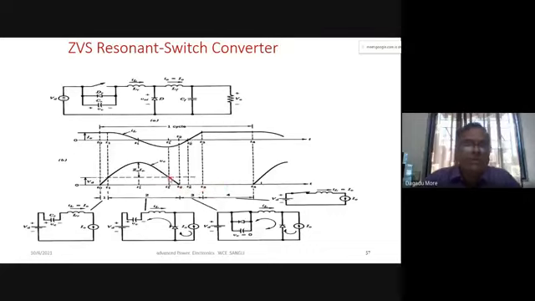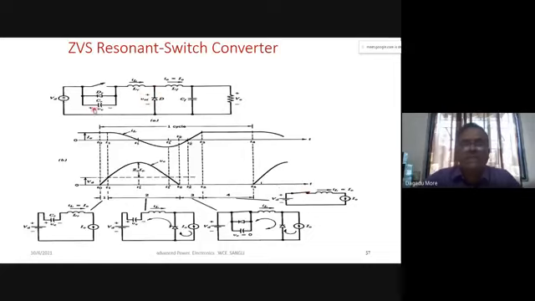And here we have shown this particular period. We have a freewheeling diode, and the voltage across it will be VOR. Very simple logic: when the switch is on, the diode is off.